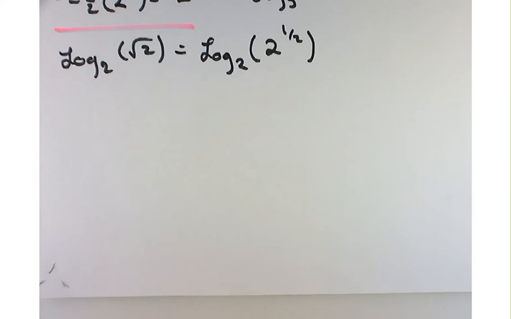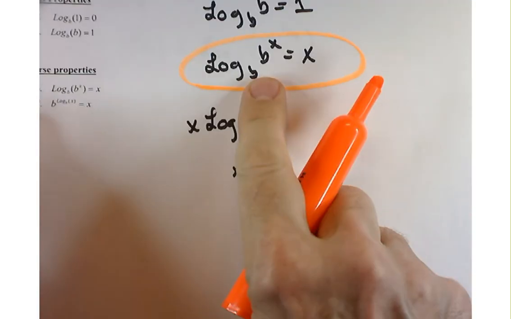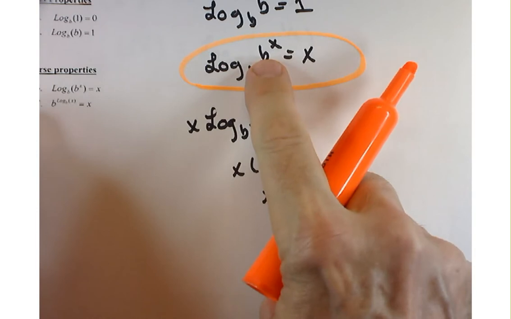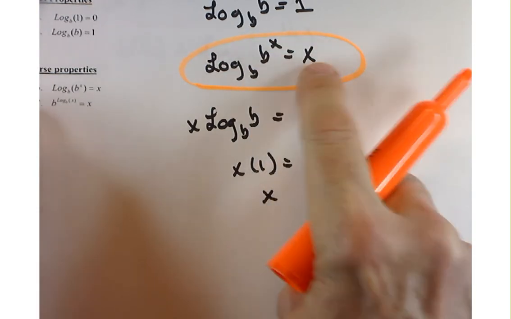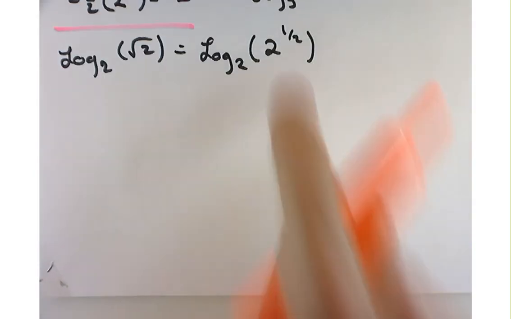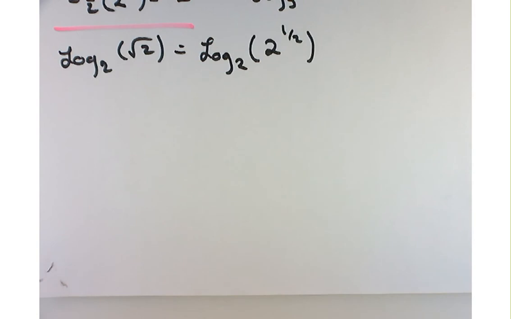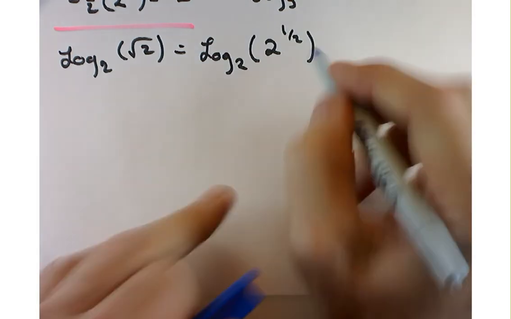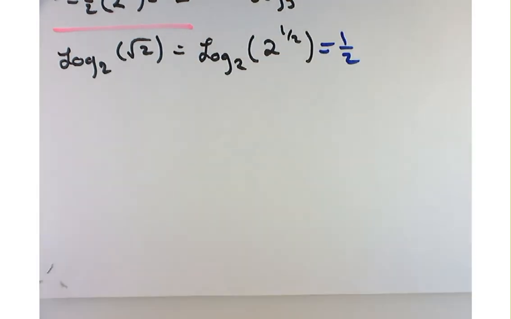Now there's 2 ways you can do this. It depends on which of these formulas you want to use. But for my money, I'd use this one. When you have log base b of b to some power, these things cancel. What's my answer here? 1/2. It's just 1/2. That's it, you're done.